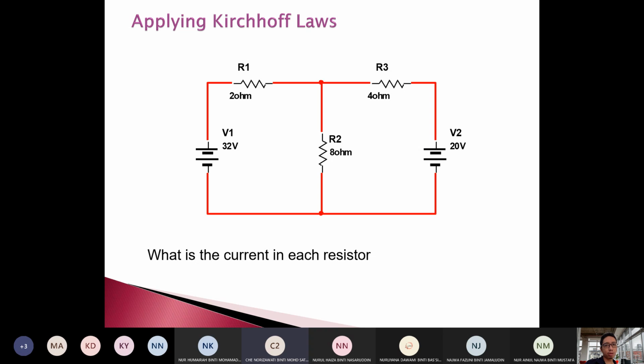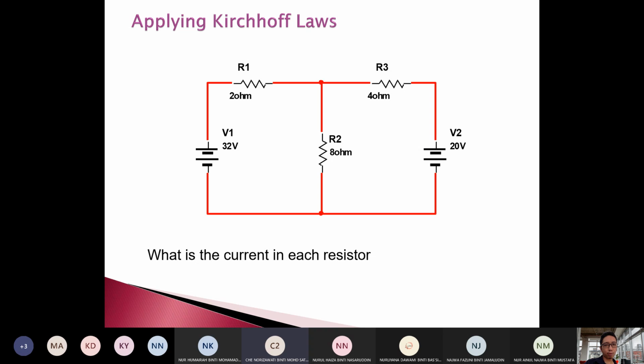So your second equation is 20 equals 12 I3 plus, what is your I1 R2, I1 is 8 I1.